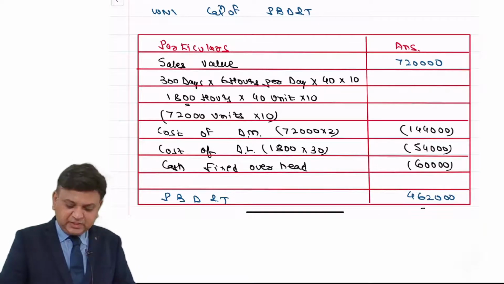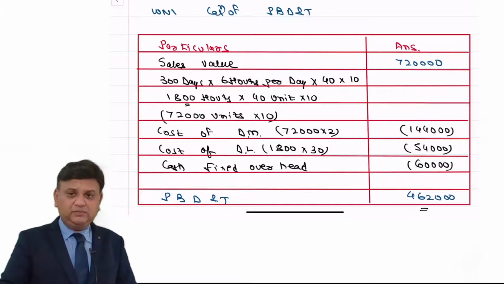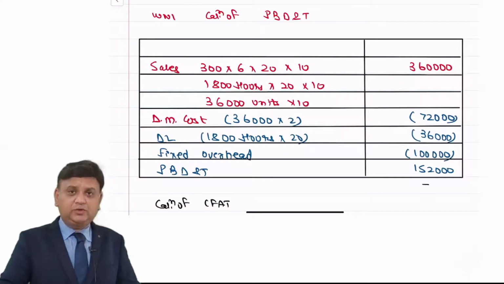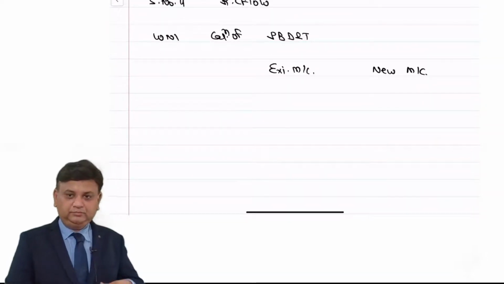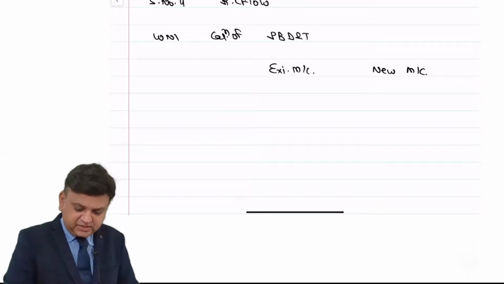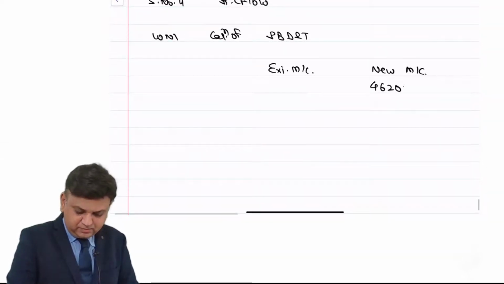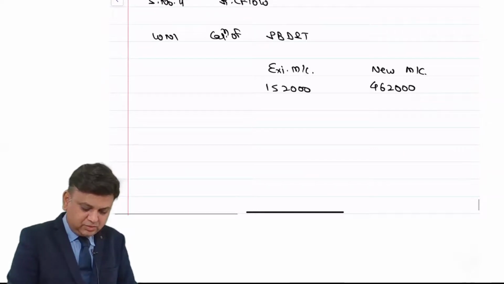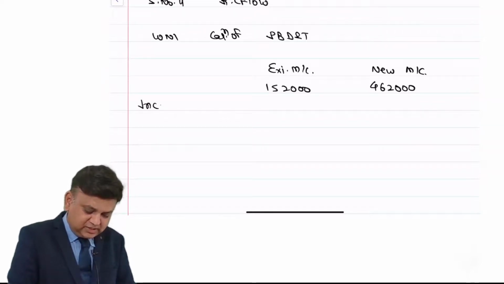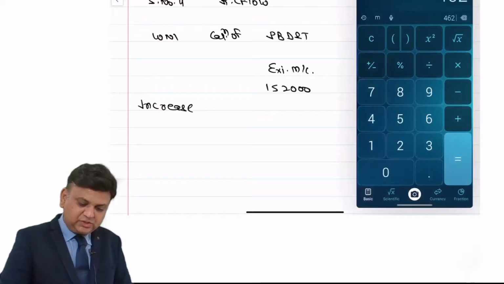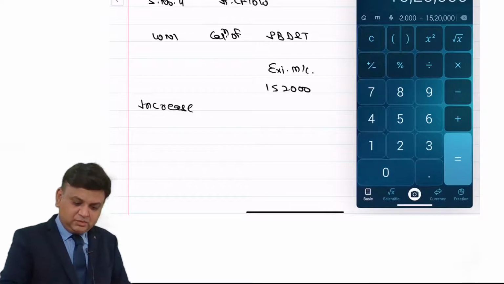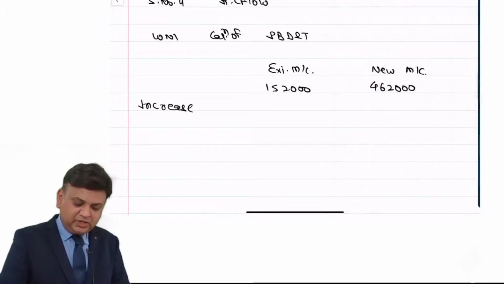So with the replacement it is 4,62,000, and for the existing it is 1,52,000. So there is an increase. 462 minus 152 comes to 3,10,000.